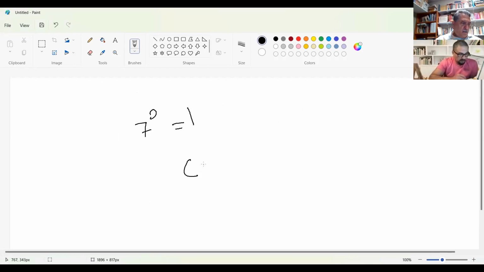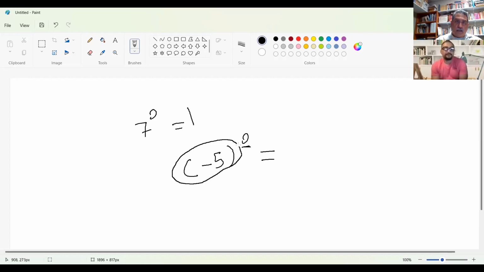The only difference, let's look at C and D. Number C is minus 5, in parentheses, to the power of 0. Notice this 0 applies to this whole thing, so it becomes 1. But look at number D, minus 5 to the power of 0. This 0 only applies to the base, not to the sign. So that is equal to 1, but I have this minus sign here, so I need to put that here too.